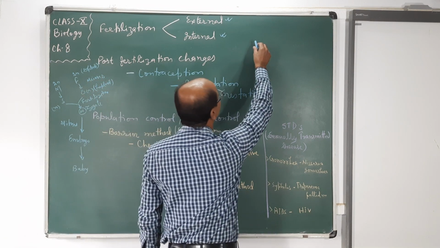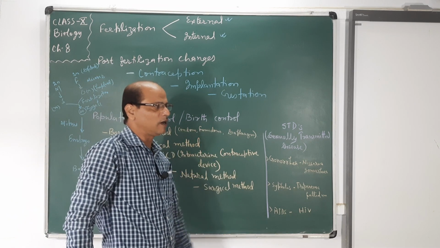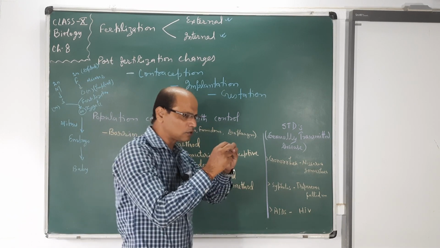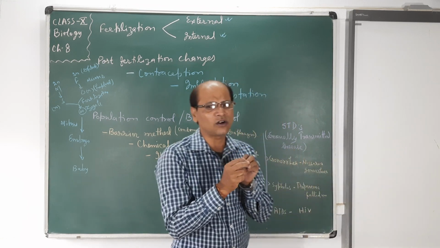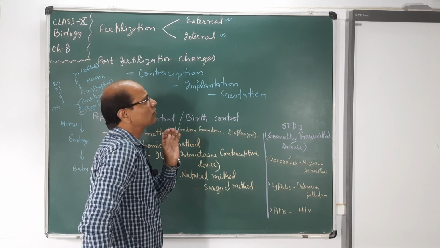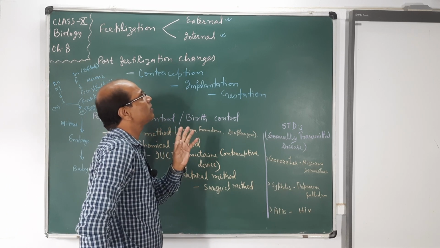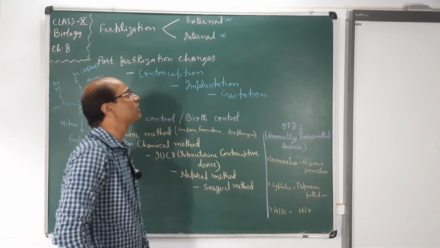The male fish provides the sperm to the water, the female fish provides ovum to the water, and they fuse together and form the zygote, and the zygote develops into small fish fries. This takes place in external fertilization, outside the body.